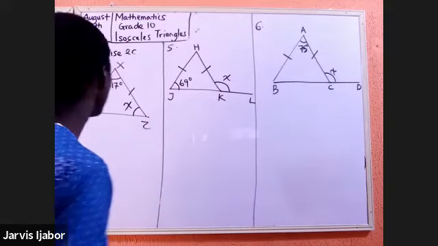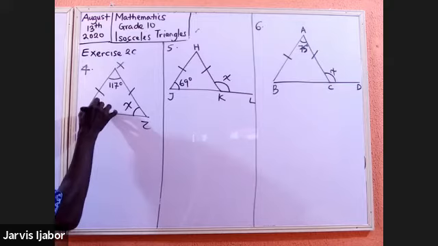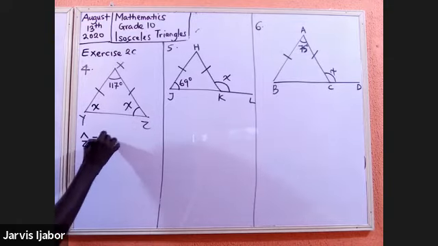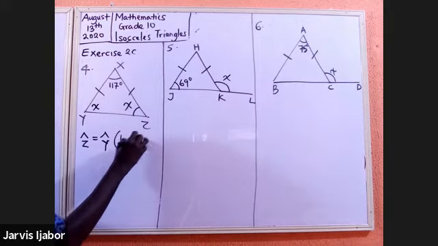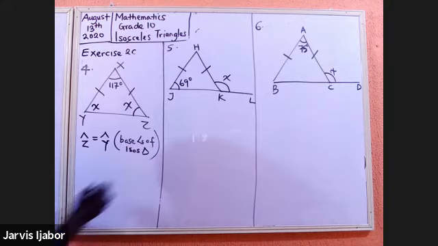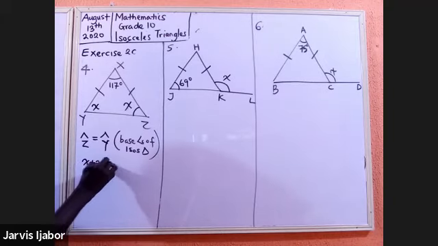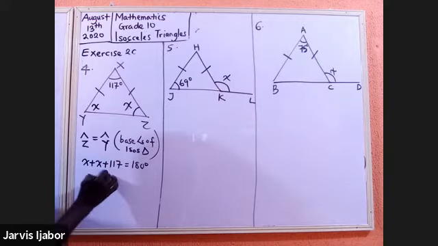All right, so for this one, if this is X, this will also be X, meaning that angle Z is equal to angle Y. What's the reason? Base angles of what? Isosceles triangle. Right, so we can now say that X plus 117 is equal to what? 180 degrees.